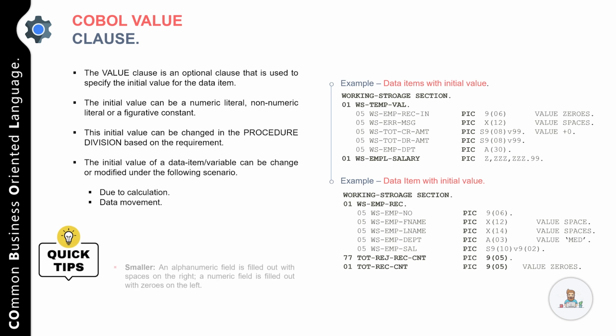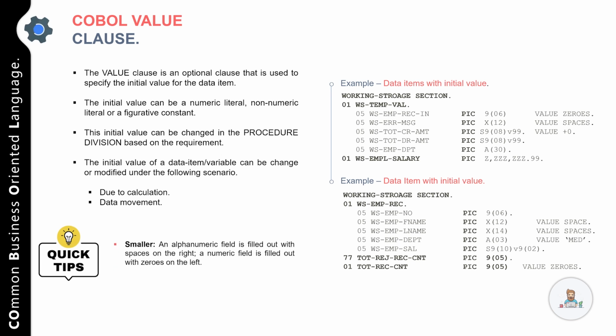Before I wrap up this session, I'm going to highlight a couple of important points. The first one is that in case you're assigning a value that is smaller than what you have defined, then if you have an alphanumeric field, it will be filled with spaces on the right, and if you have a numeric field, it will be filled with zeros on the left.